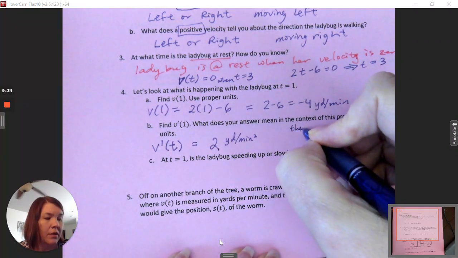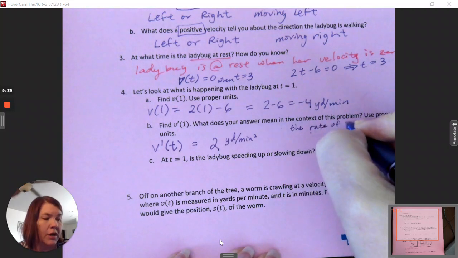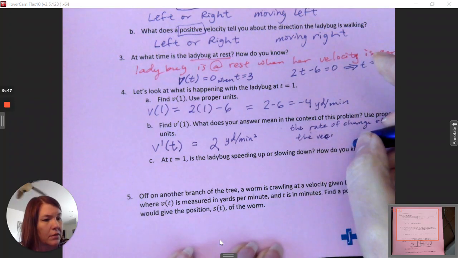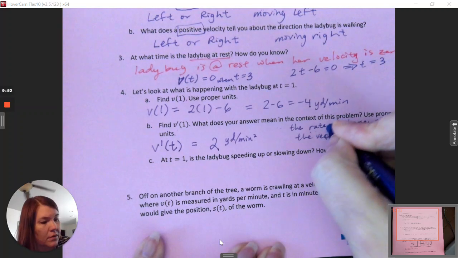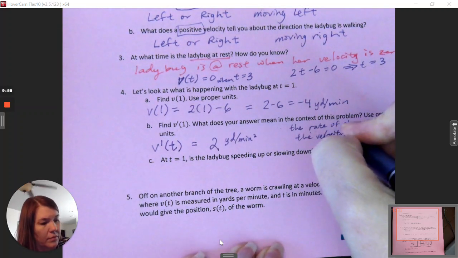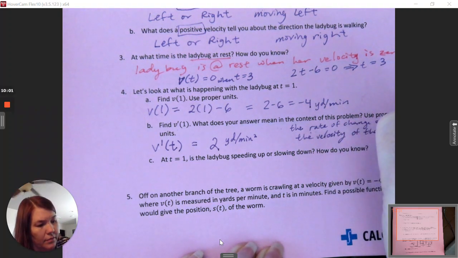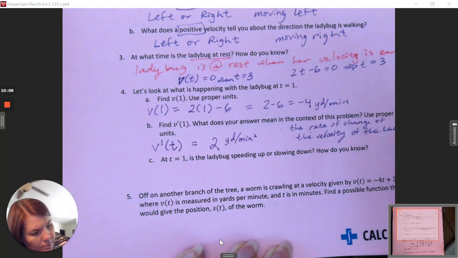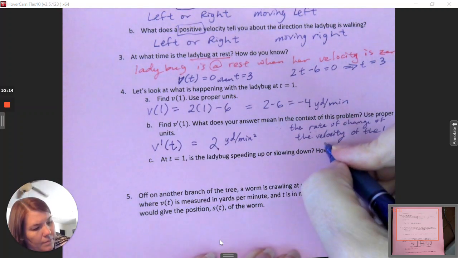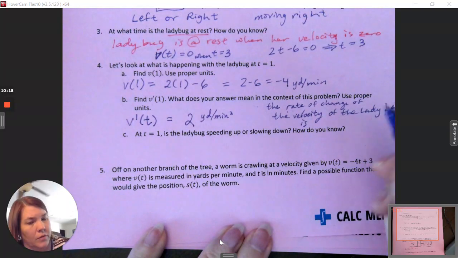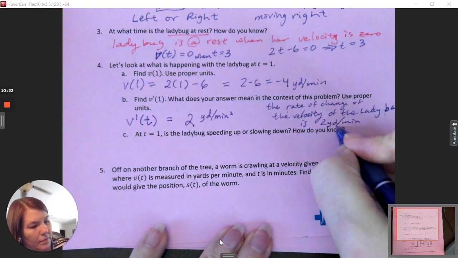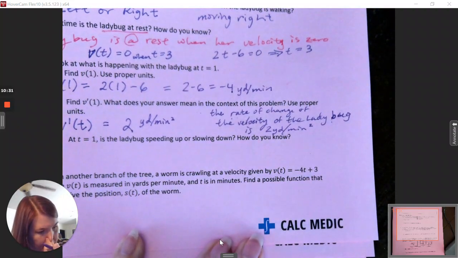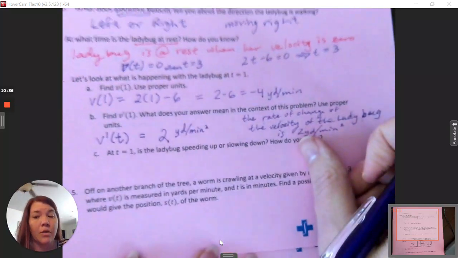So the rate of change of the velocity of the ladybug is 2 yards per minute squared. It's constant, and the rate of change of the velocity.